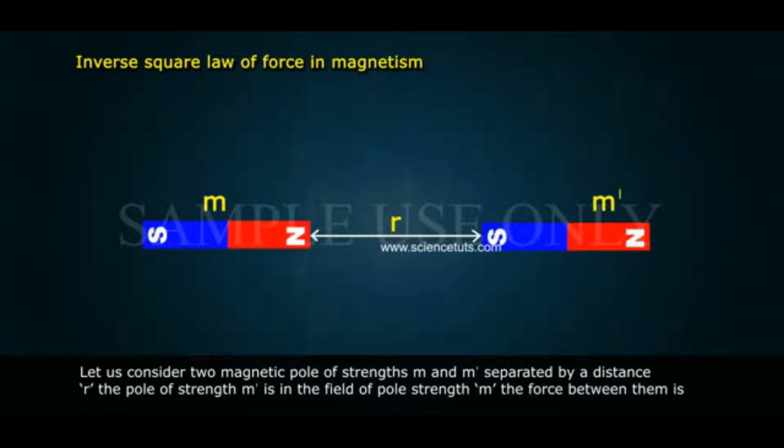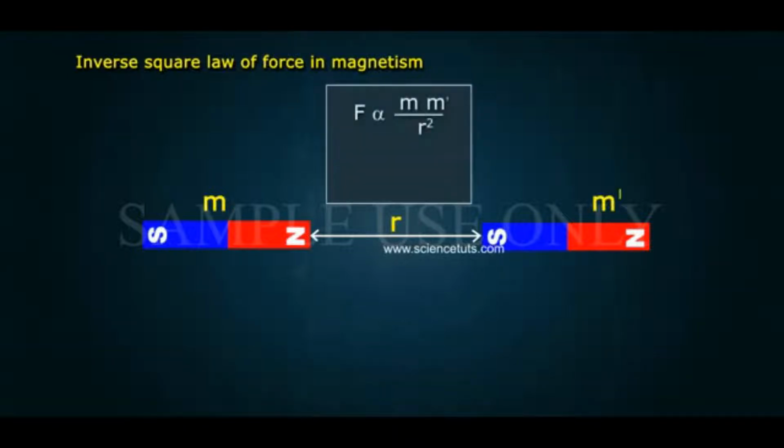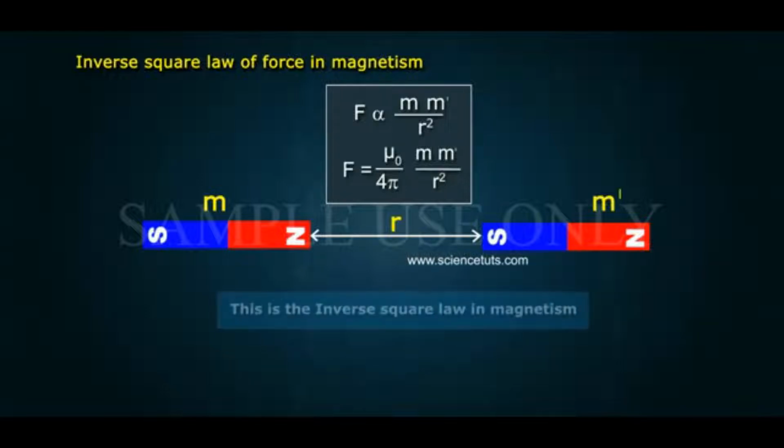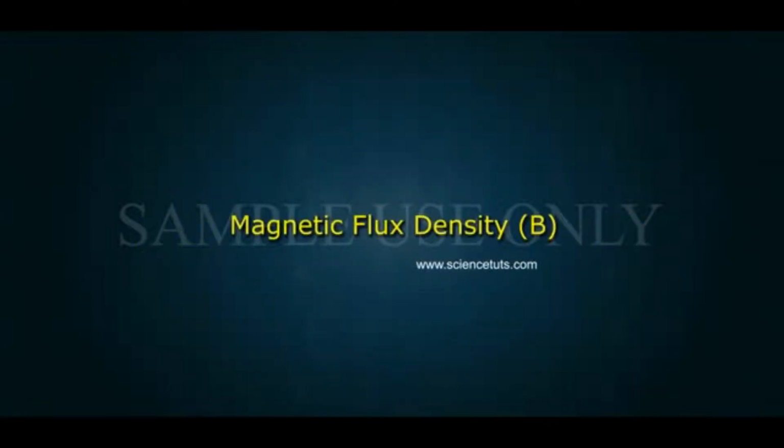The force between them, F, is directly proportional to m m' by r square. F is equal to mu naught by 4 pi, m m' by r square. This is the inverse square law in magnetism. Magnetic flux density B.